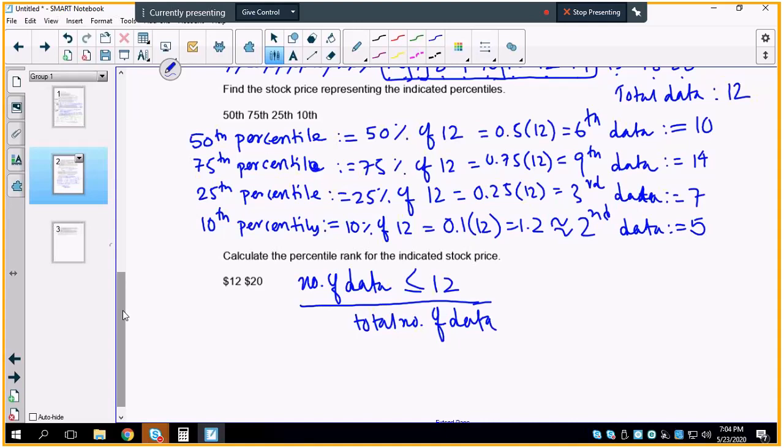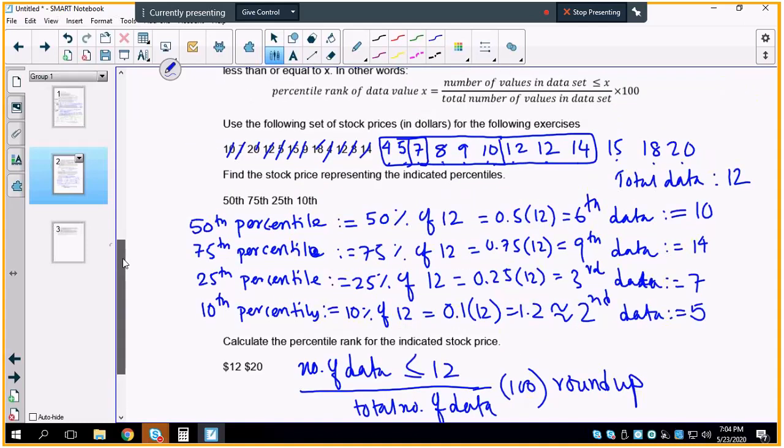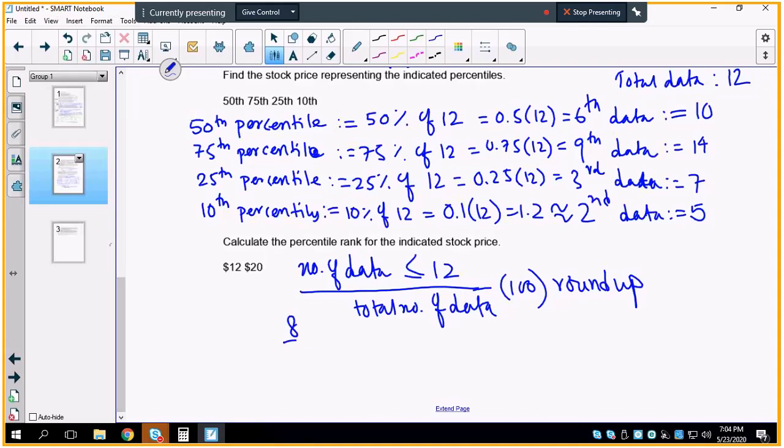So let's see how many data are less than or equal to 12. We count 1, 2, 3, 4, 5, 6, 7, 8. So there are 8 data that are less than or equal to 12. So I say 8, total number of data is 12, and this is times 100.